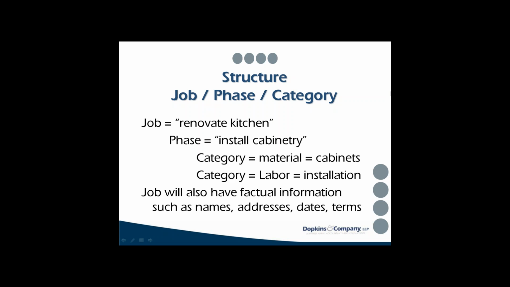And each one of them will have a plan. It's supposed to happen, when it's supposed to be done, how much time is supposed to be there, and how much is the labor for installing the cabinetry.